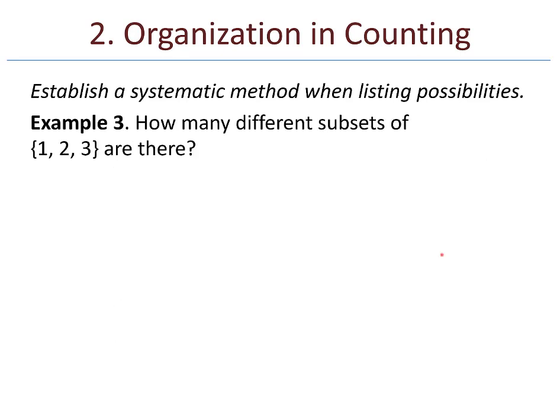And then example 3, how many different subsets of {1, 2, 3} are there? So maybe to do this systematically, we start with how many subsets have no elements. How about the empty set? And then we'll go through the subsets that have 1 element. So {1}, {2}, {3}, and then the subsets that have 2 elements, {1, 2}, {1, 3}, {2, 3}.